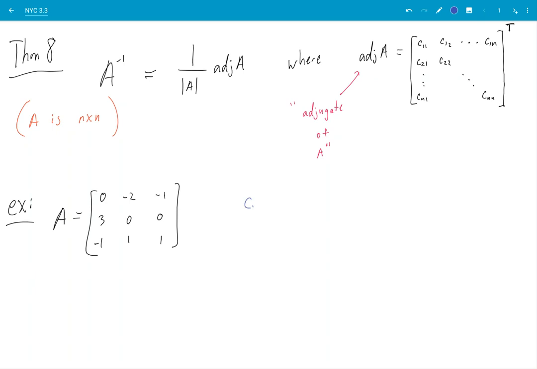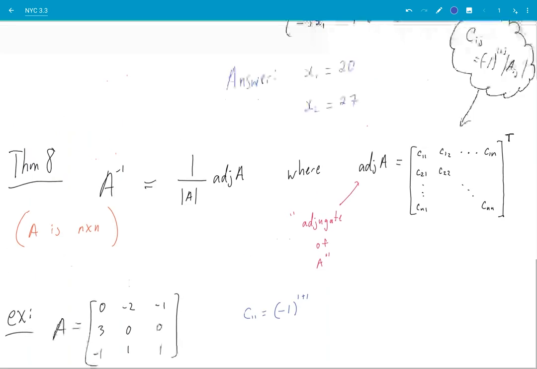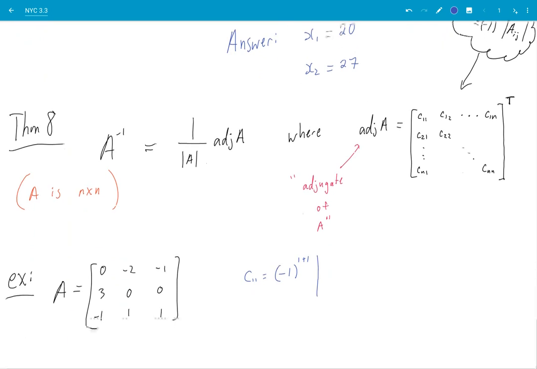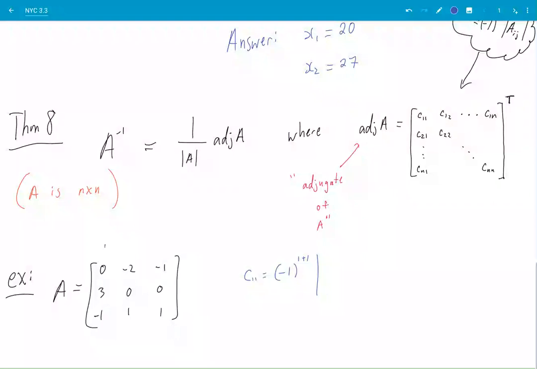So you say C11 is negative 1 to the 1 plus 1. I'm using this formula up here, right? Times some determinant. Which determinant? Well, it's the determinant you obtain when you delete this column and this row. So first column, first row. That's the 1, 1. Okay. So what do you get?